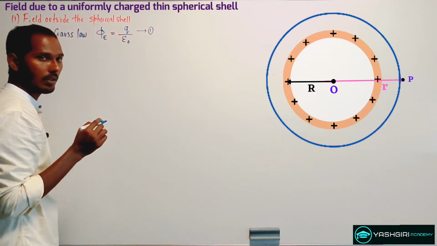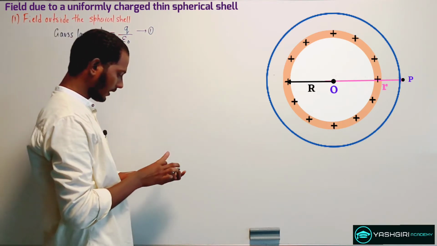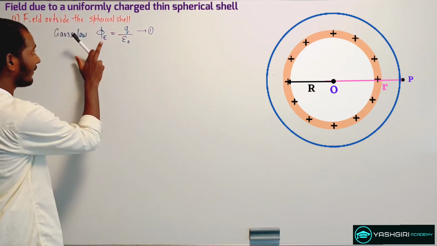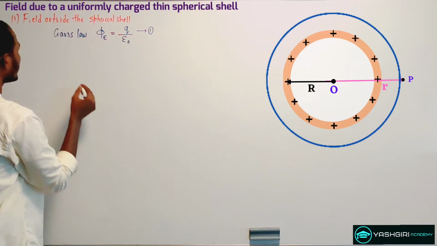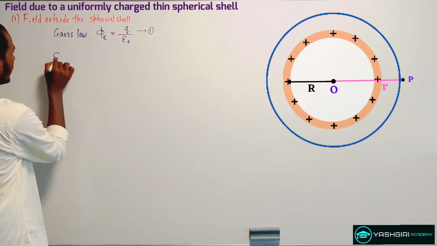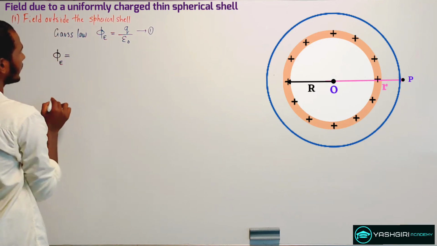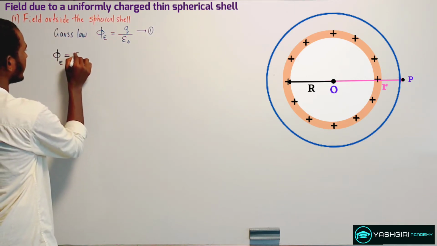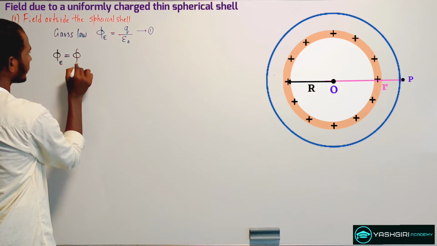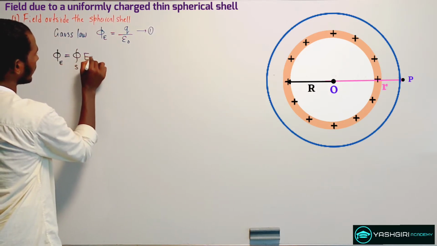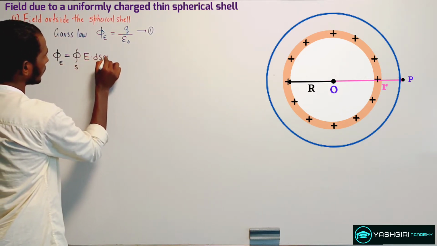So this is the Gauss law. So here, let us work out with this left hand side first. So here the flux, we know the expression to calculate the electric flux is nothing but, in this case, let me write a surface integral of E dot ds into cos theta.